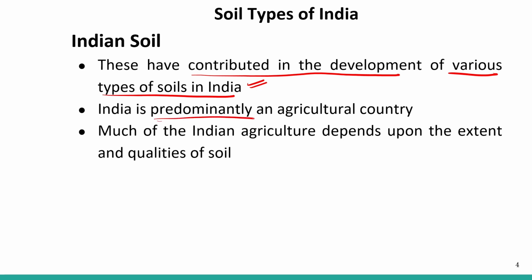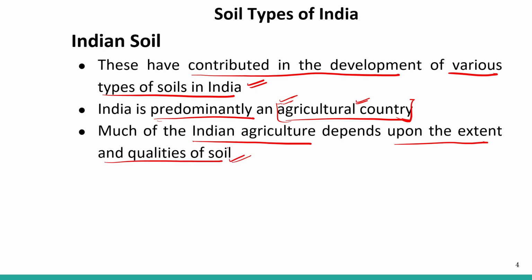India is predominantly an agricultural country. We are basically an agriculture-based country, and our main occupation today is also agriculture. Much of Indian agriculture depends upon the extent and quality of the soil.